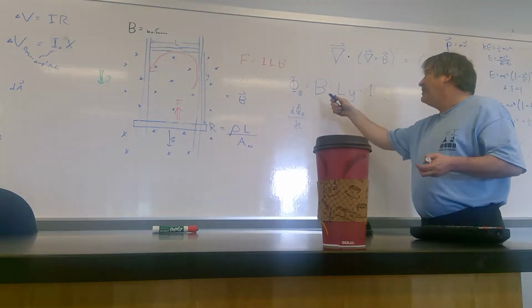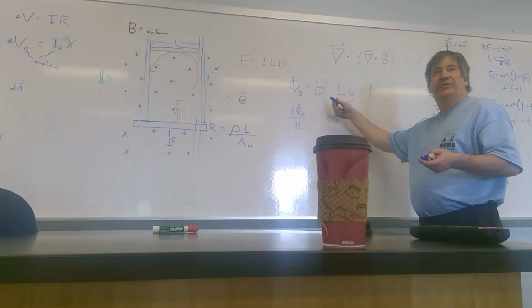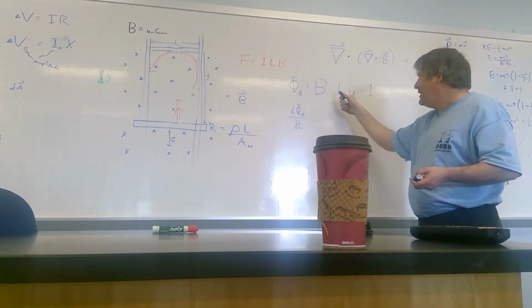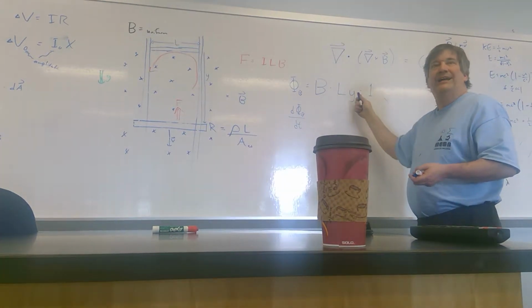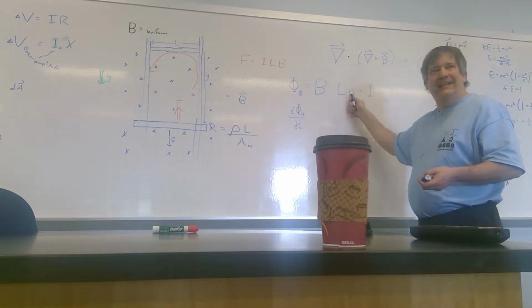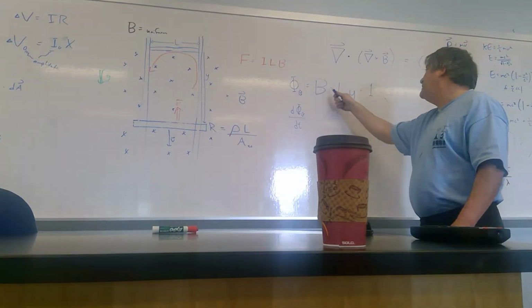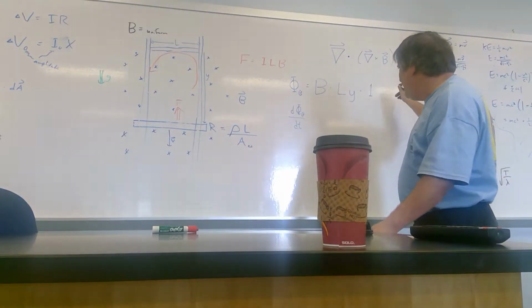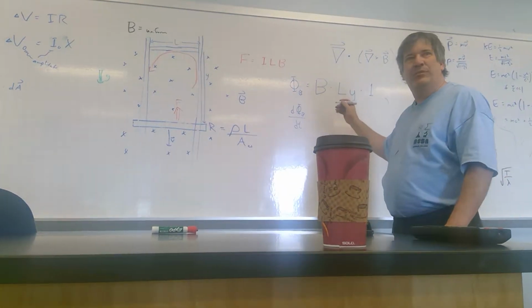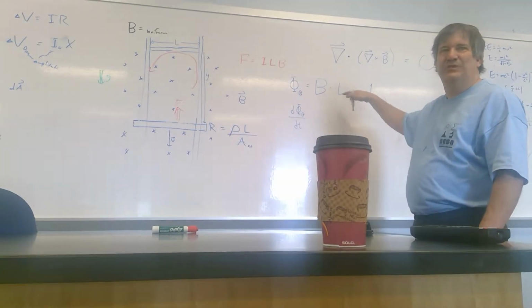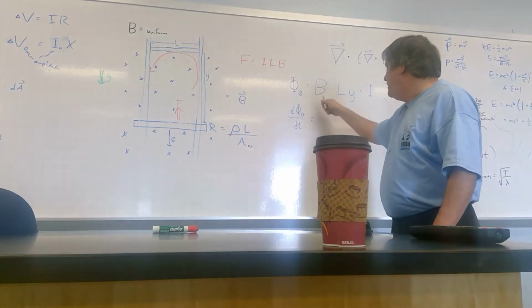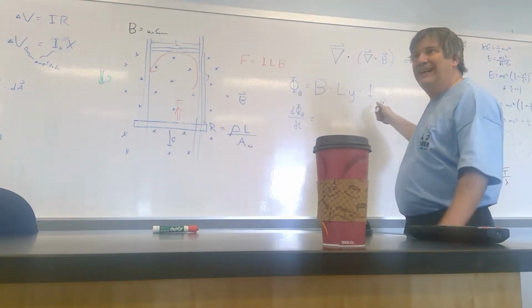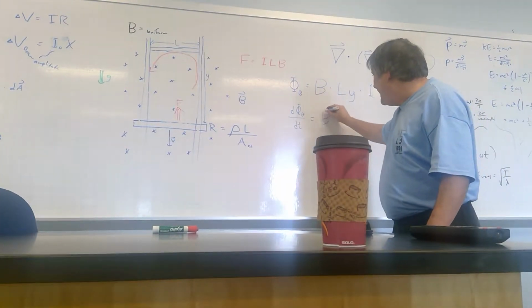I could do product rule. And by the way, product rule works just fine if you're multiplying more than 2 functions. I could say dB/dt times Ly plus B times dL/dt plus BL times dy/dt plus BLy times d/dt of cos phi, if that was a thing here. So I could make this some long product rule problem, but I'm more likely to have it changing for just one reason. In here, the B field is constant, L is constant, cos phi is constant, so those are all spectators.